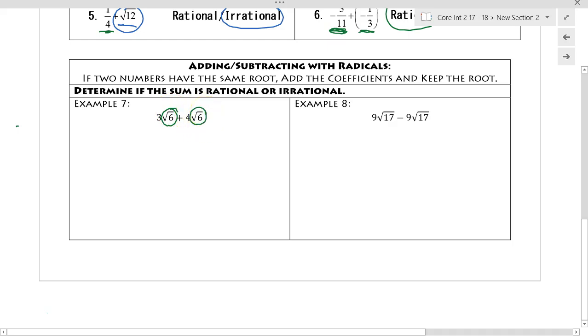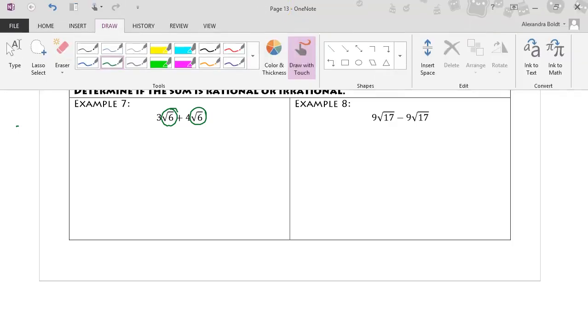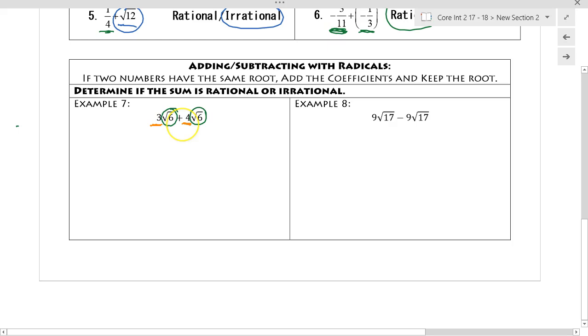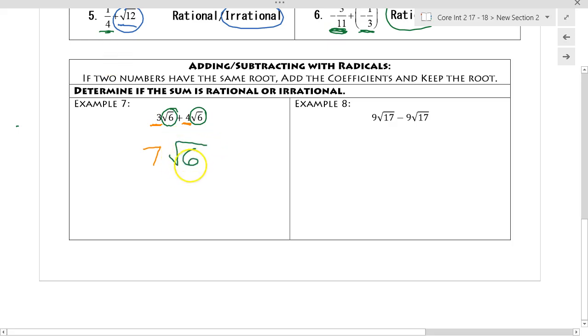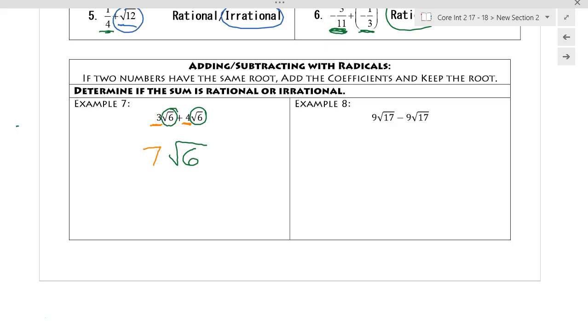Those are exactly the same. So I am going to add my coefficients, 3 and 4, which is 7, and my root stays exactly the same. I say the 7 square root 6.